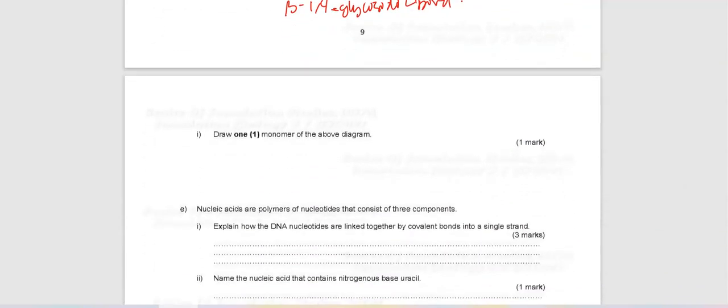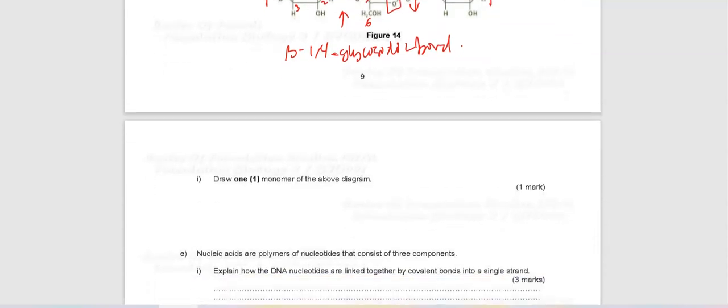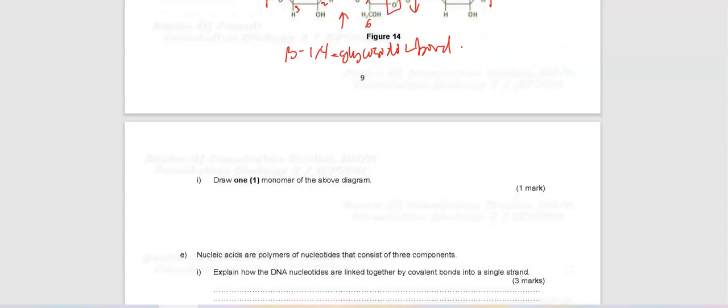Number 1. The question here asks you to draw one monomer of the above diagram. So basically the question asks you to draw the structure of beta glucose. The answer will be just to draw the structure of beta glucose. It is a 5 carbon sugar. At carbon number 1, the hydroxyl group is located above the plane, so you have the hydrogen atom.